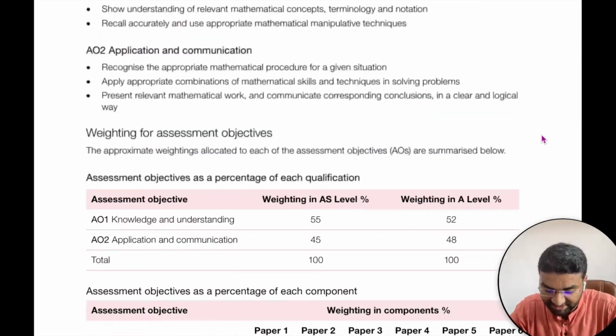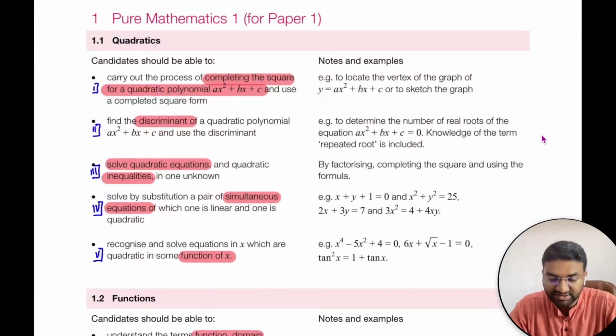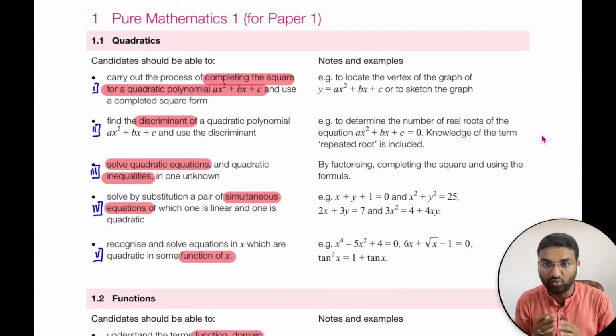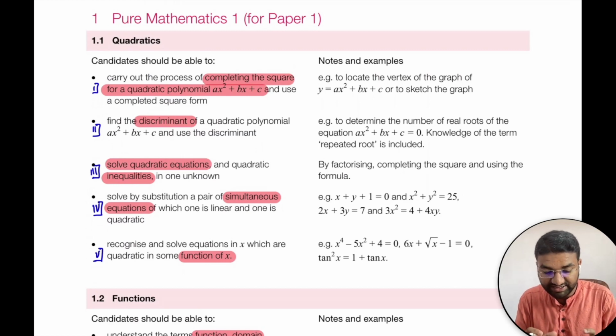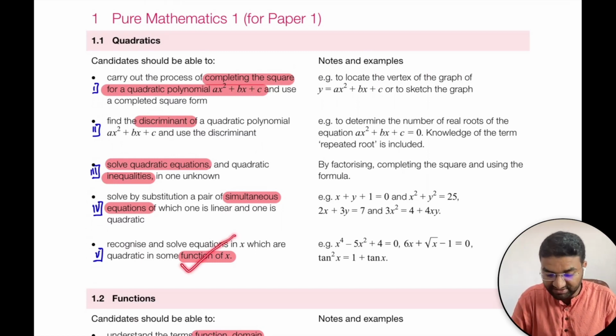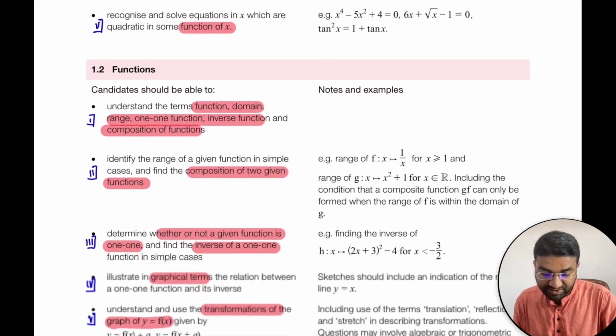Next we will discuss the subject content. For Pure Mathematics 1, there are 8 topics. Quadratics first. In quadratics you have 5 general topics: completing the square, discriminant, solving the quadratic equation, inequalities, simultaneous equations, and the function part. Next, functions.